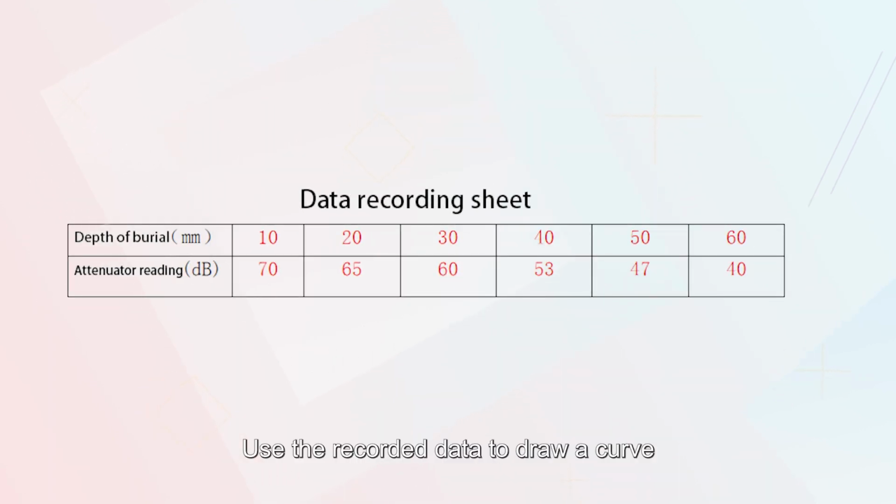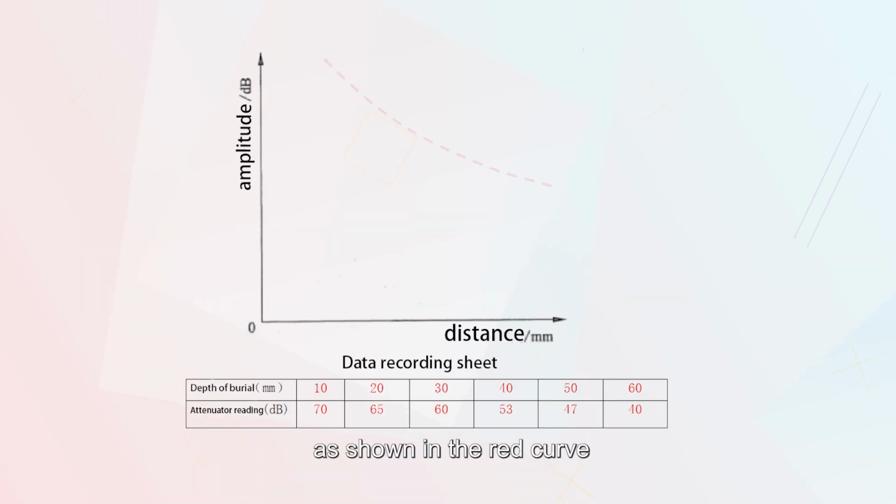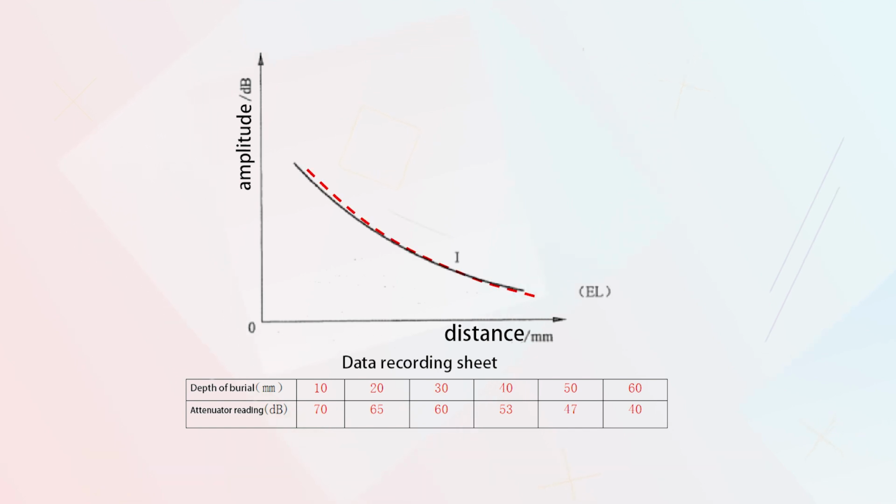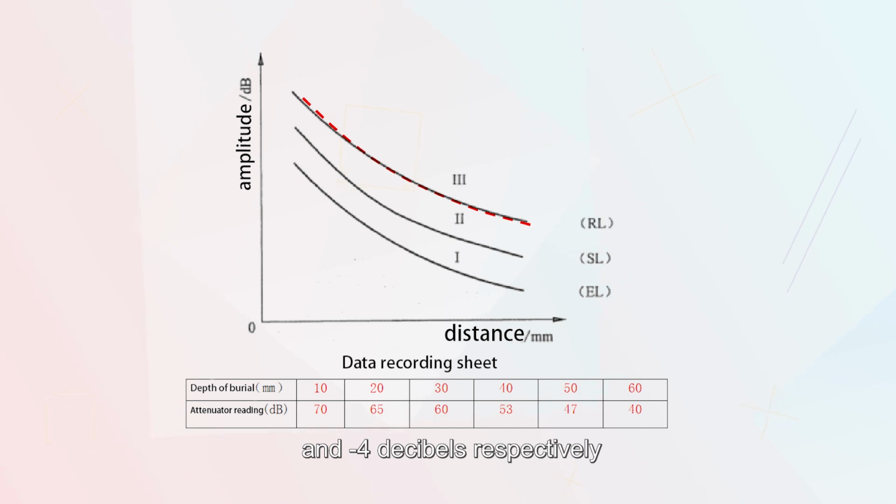Use the recorded data to draw a curve, as shown in the red curve. Next, according to the standard regulations, the DAC curve is drawn by translating it downward by minus 18 decibels, minus 12 decibels, and minus 4 decibels respectively.